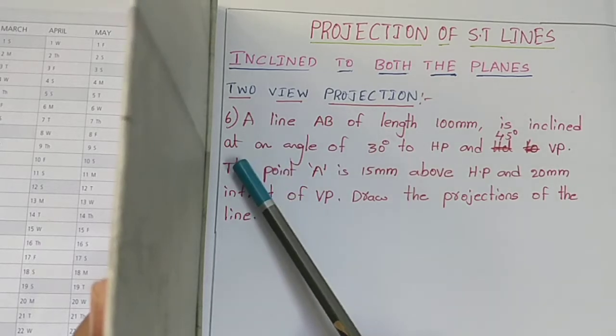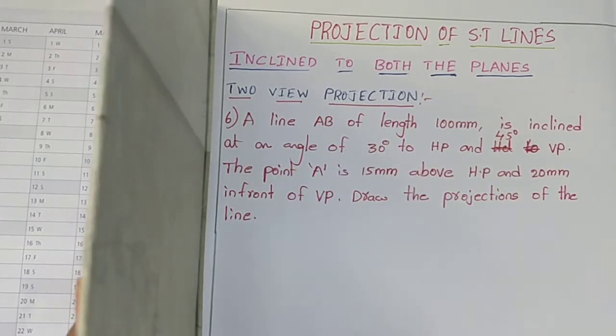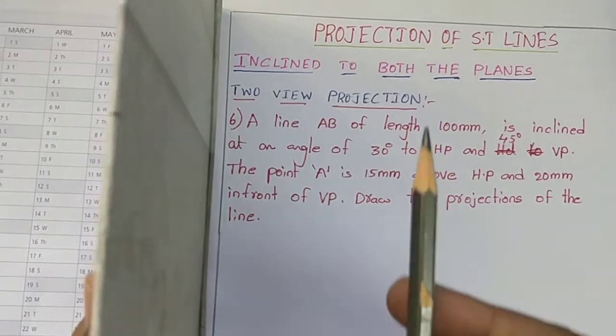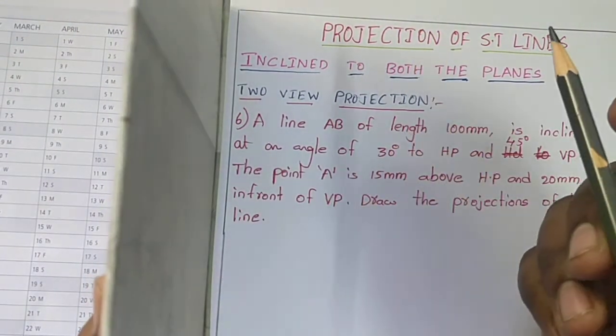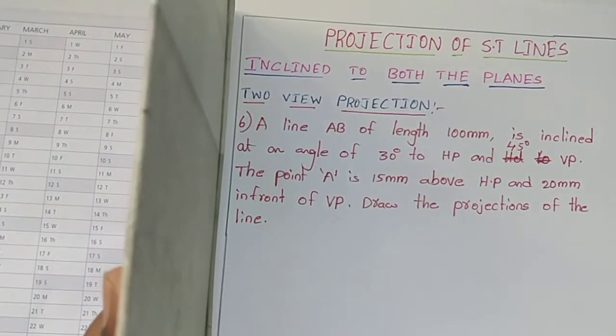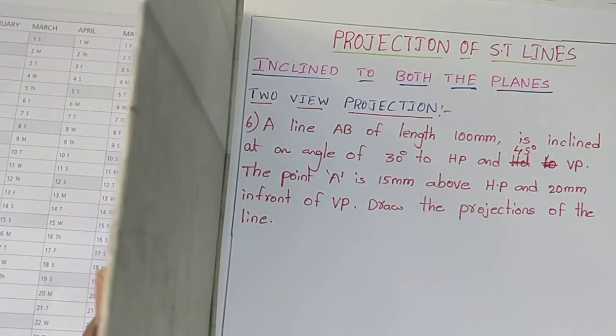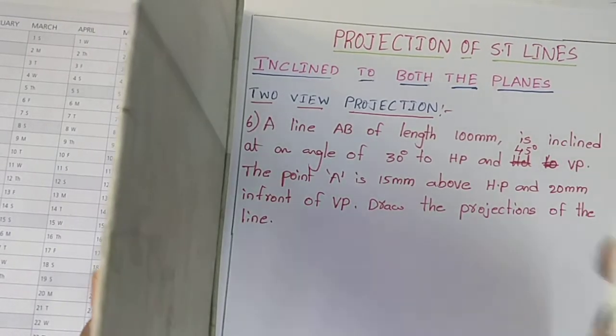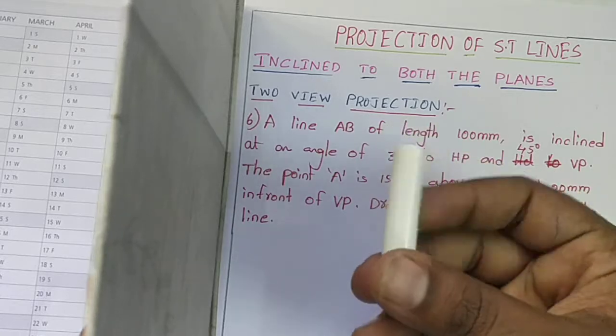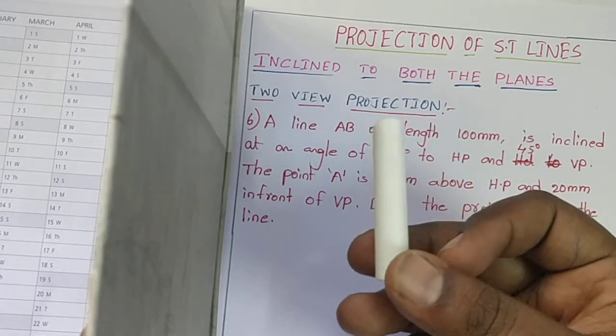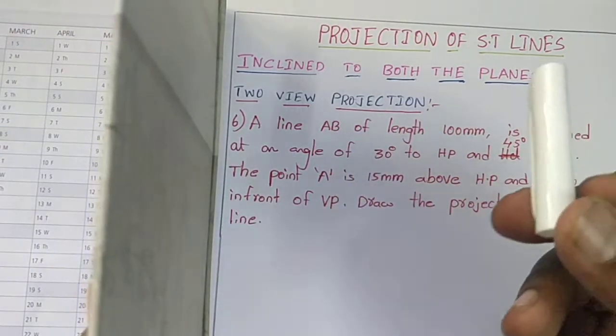Here the problem is the length of the line AB. The length of the line AB is how much? 100 mm. I'm taking this one, it is easy. It is the straight line. The length of the straight line is 100 mm.